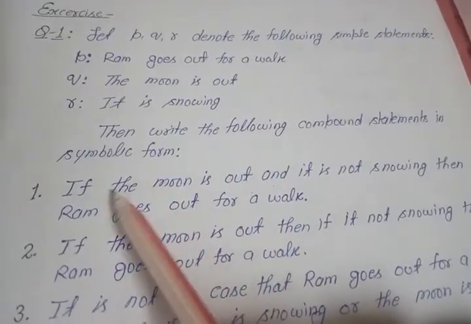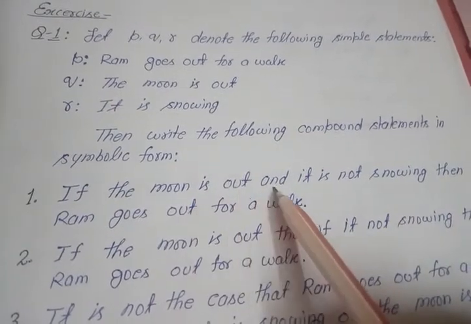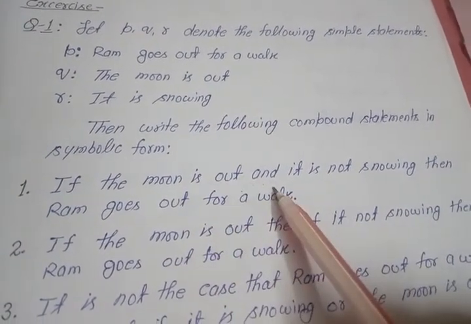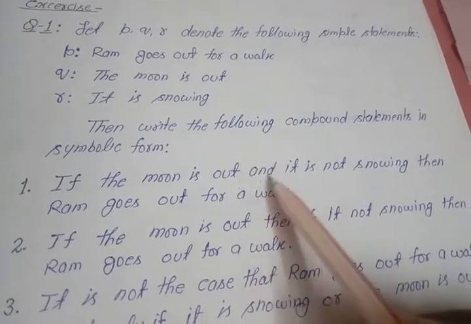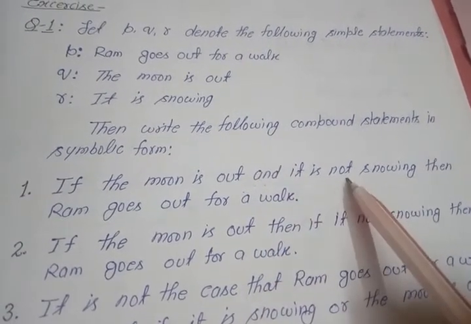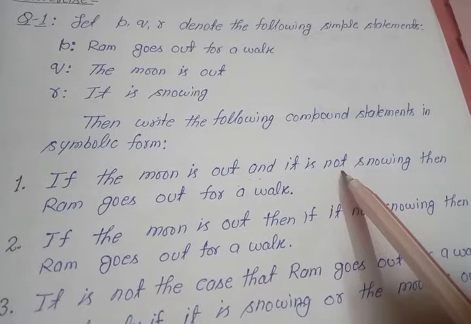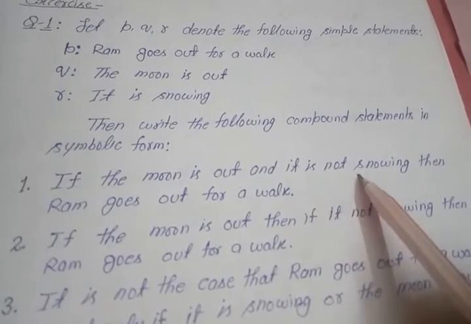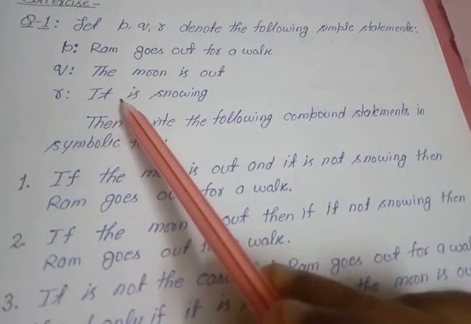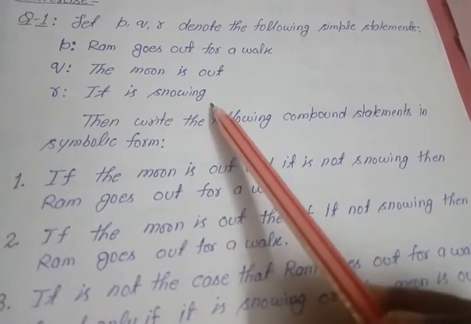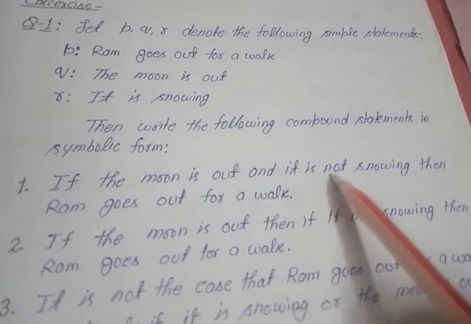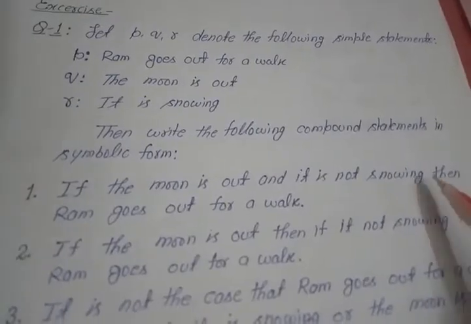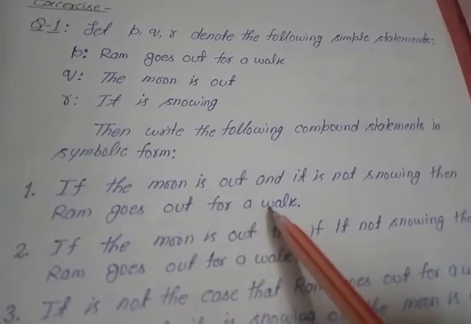First we see: if the moon is out, and then the moon being out is attached with the connective AND with the third proposition in its negation form. Proposition third is it is snowing, but here it is given it is not snowing. Then Ram goes out for a walk.